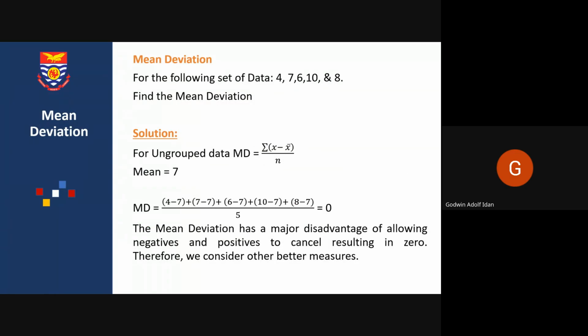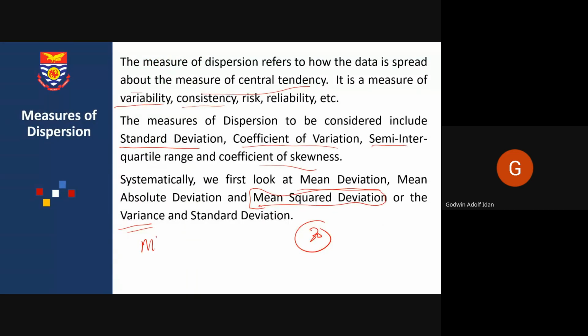By formula, mean deviation is the summation of each observation, x minus x bar, because x bar is the mean and x is the individual observation, divided by n. And this is for ungrouped data.